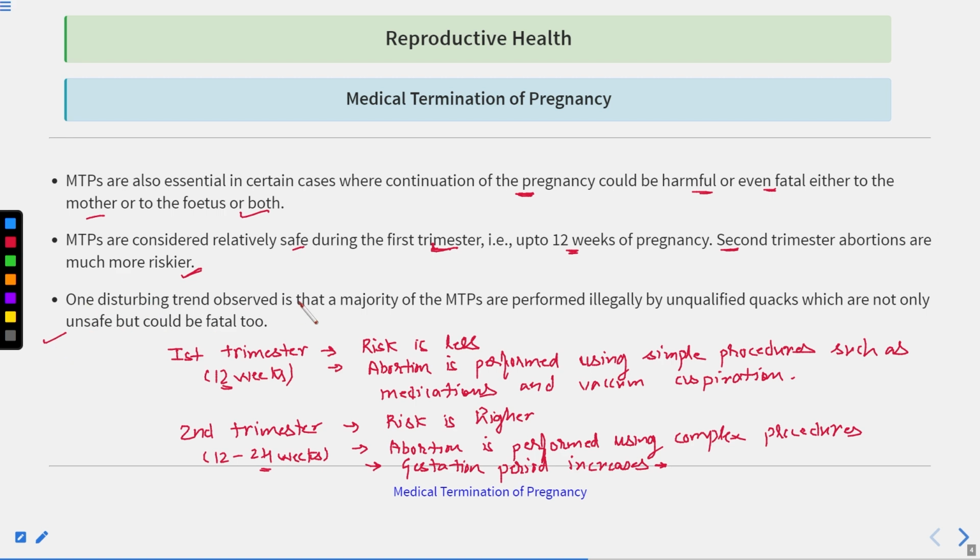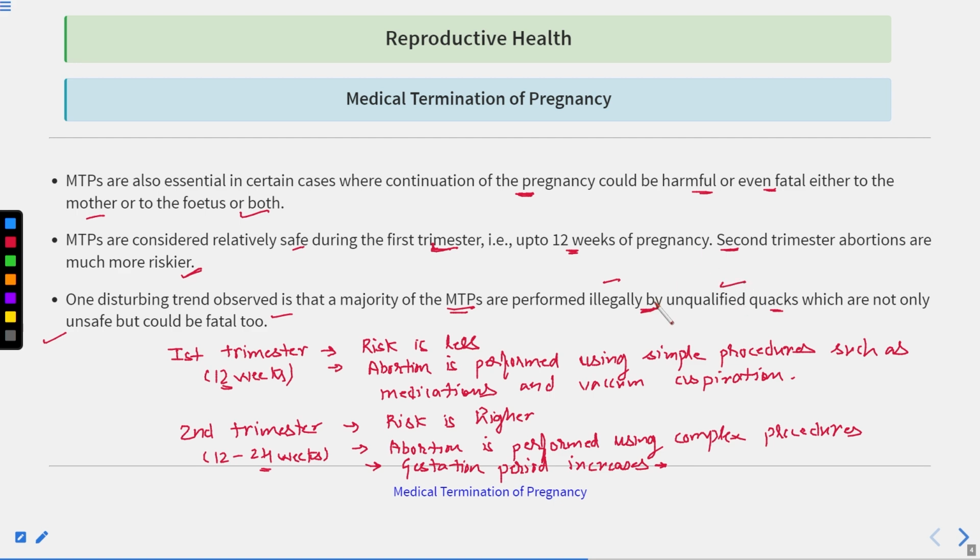Now, one disturbing trend observed is that a majority of the MTPs are performed illegally by unqualified quacks, which is not only unsafe but could be fatal too. A lot of these abortions are illegal. Not all are legal. Abortions are only allowed under certain conditions that we have already discussed. Now, most of them are illegal abortions, performed by unqualified people.